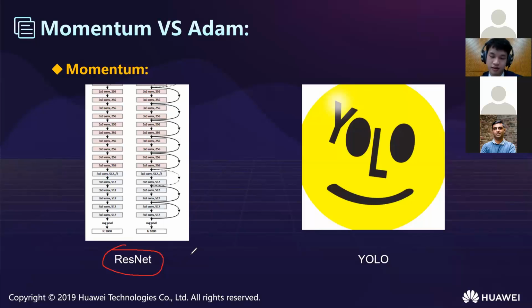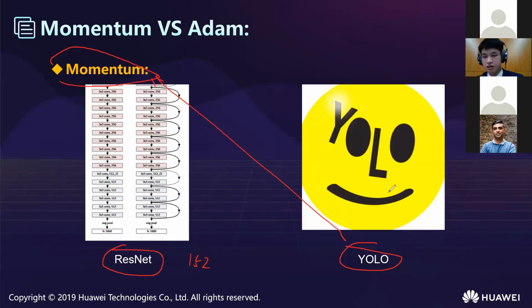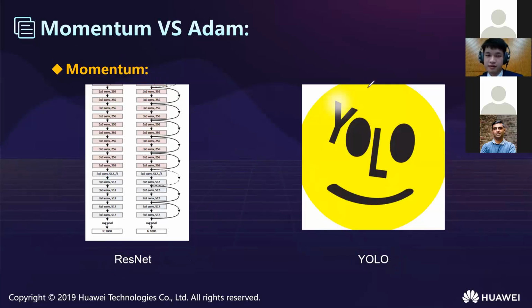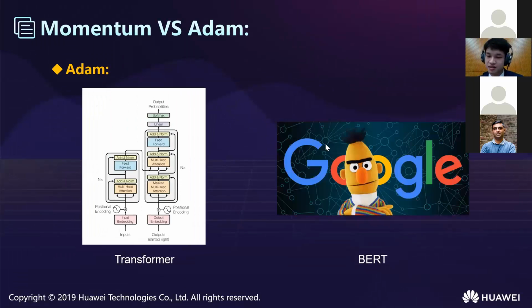It's very deep, with 152 layers. ResNet uses the momentum. So the momentum can maybe reduce the overfitting problem, but Adam is quicker.